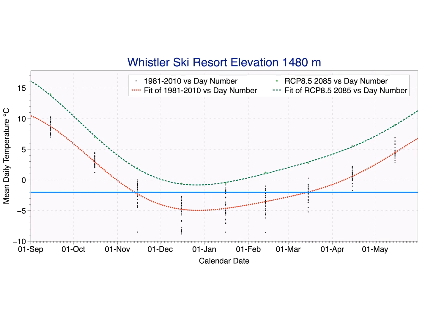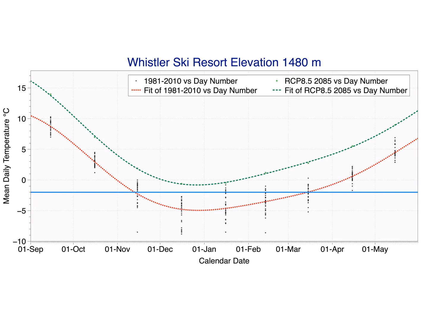So on average, between 1981 and 2010, that date was somewhere in the middle of November. The end of the ski season took place about mid-March. So that graph, the red line beneath the blue line, which is the temperature -2 degrees, defines the ski season.